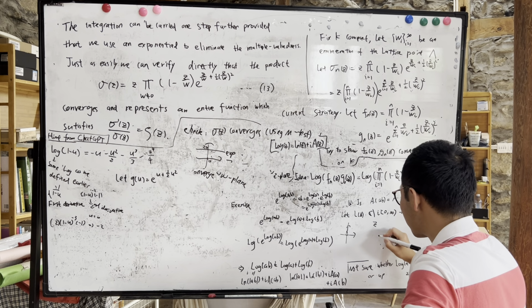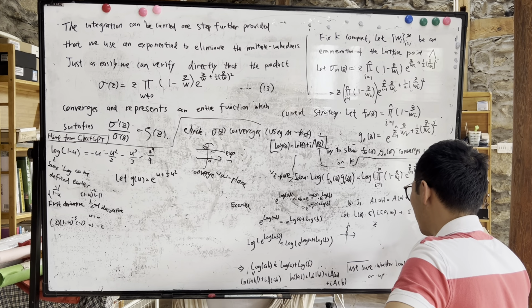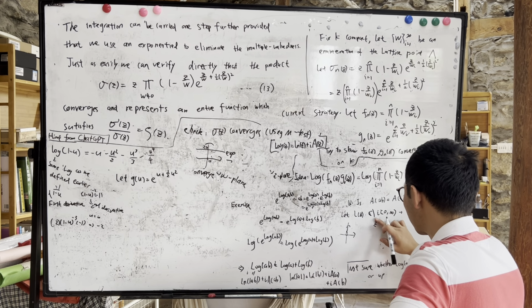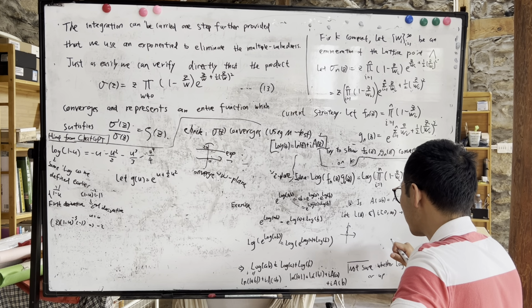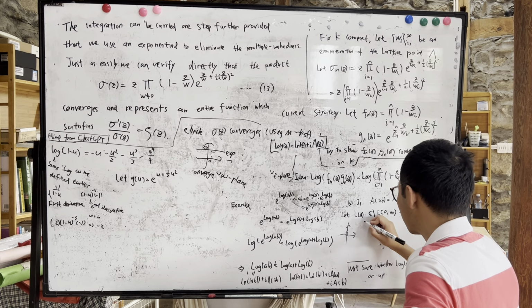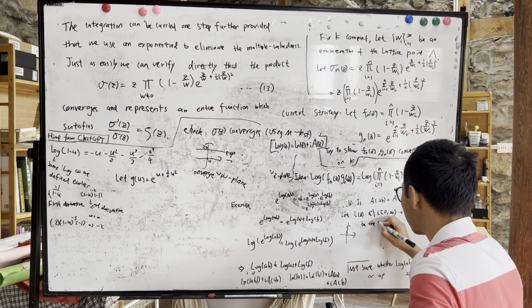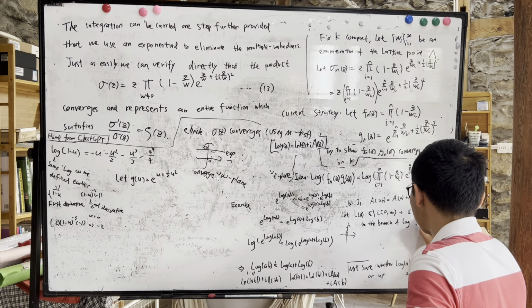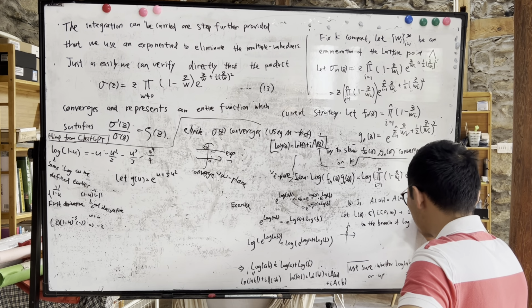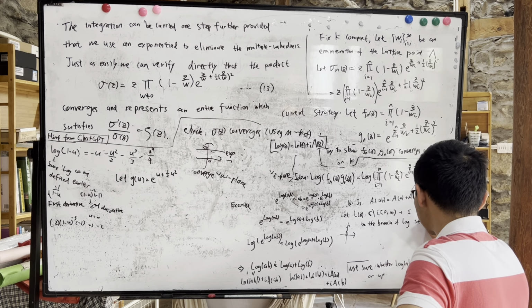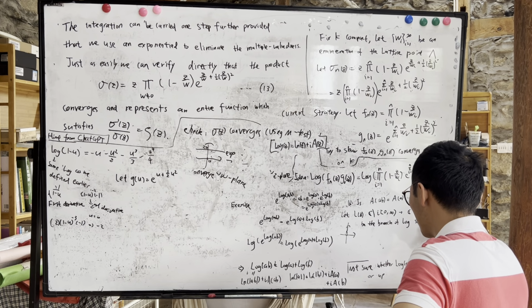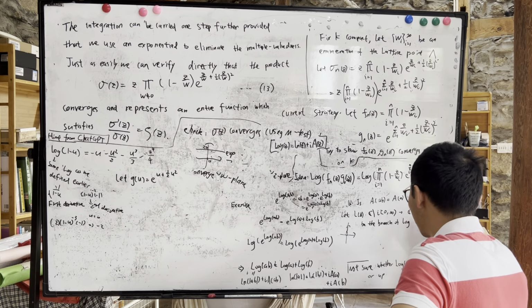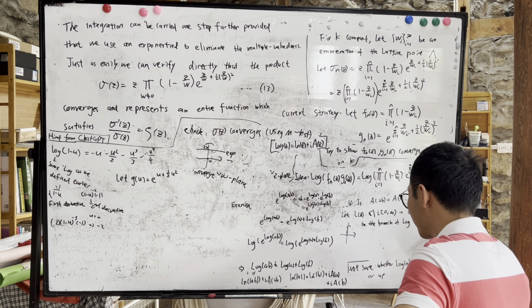In this case we just let L be the branch of log such that L of 1, the angle at 1, is exactly equal to 0.